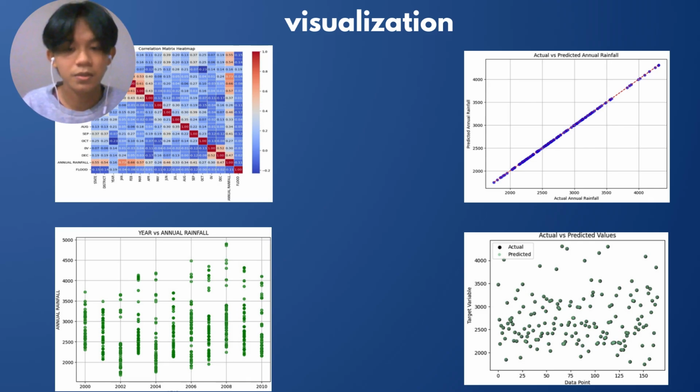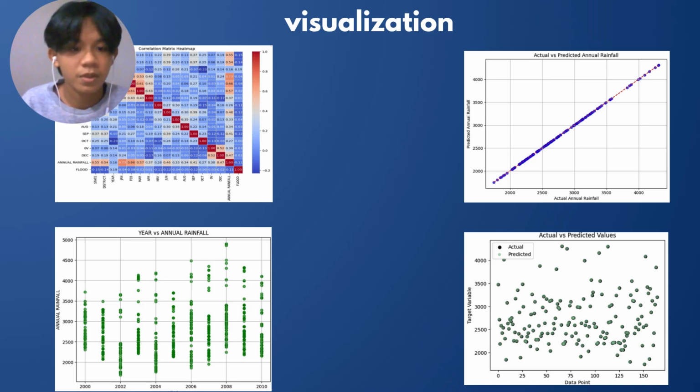For the next graph is the comparison of year and annual rainfall. We know from this graph the highest rainfall is in 2008 and the lowest is in 2000. The next graph is linear regression comparing actual versus predicted annual rainfall. From this graph, we know that the line of linear regression fits the plot perfectly.